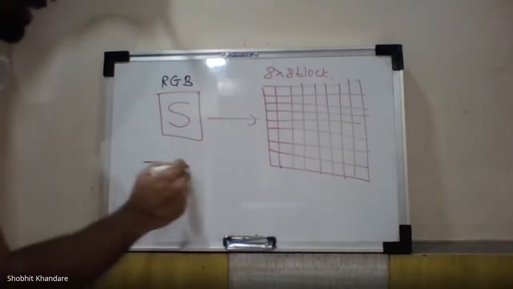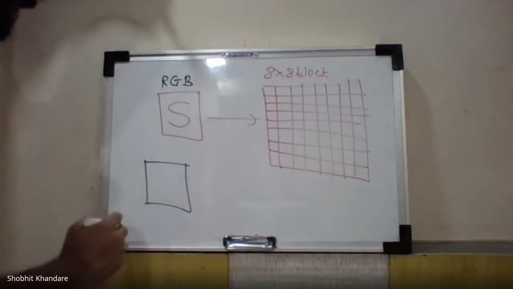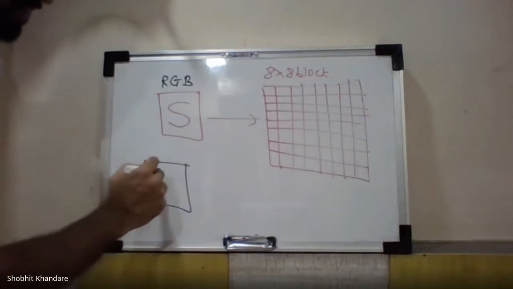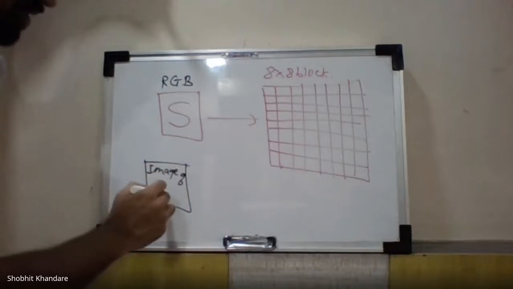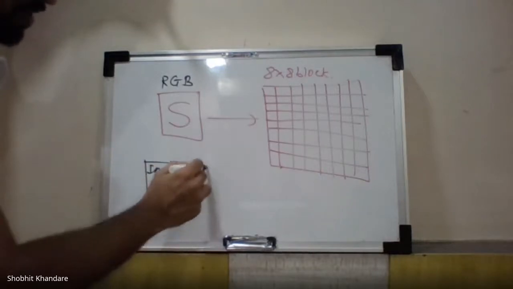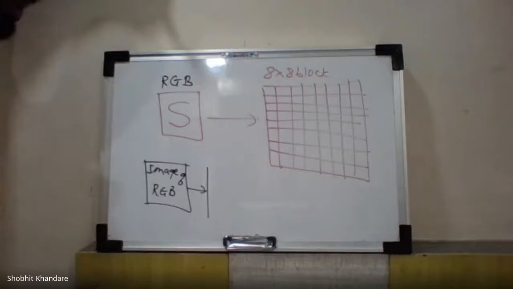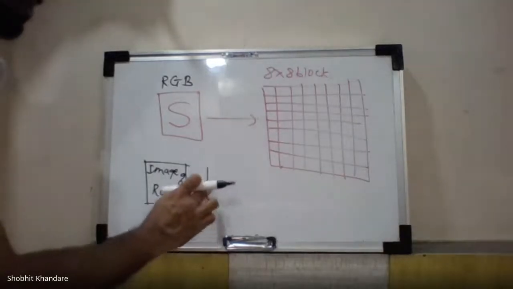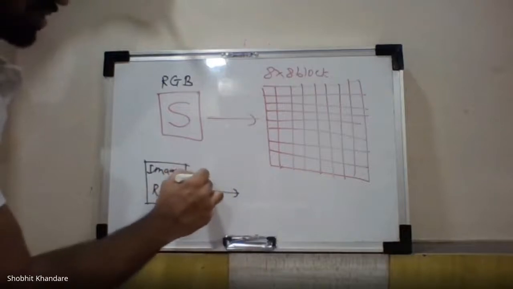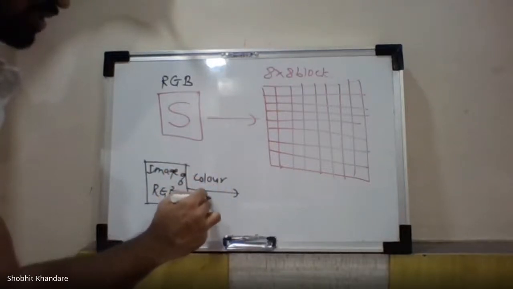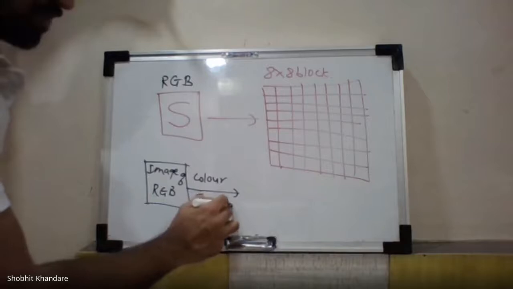So I can just draw here that if you have the image of RGB, you convert this image using what is called a color transform. This is called color transform.